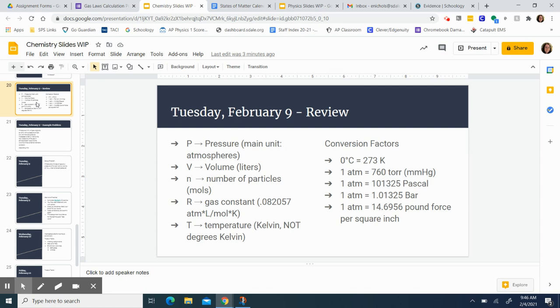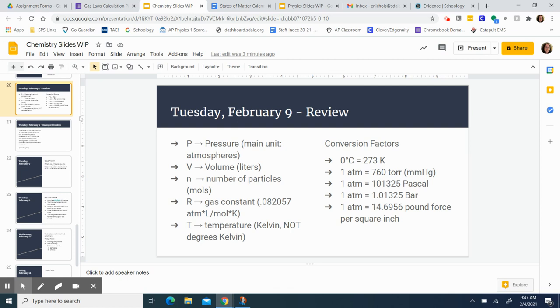Something else we need to remember is that R is our gas constant, and that is 0.082057. I'm writing this down so I have it later. And that is in the units atmosphere liters over moles Kelvin.